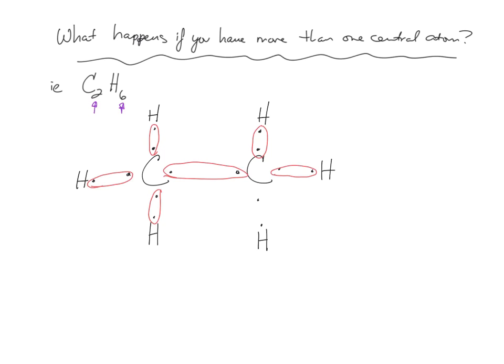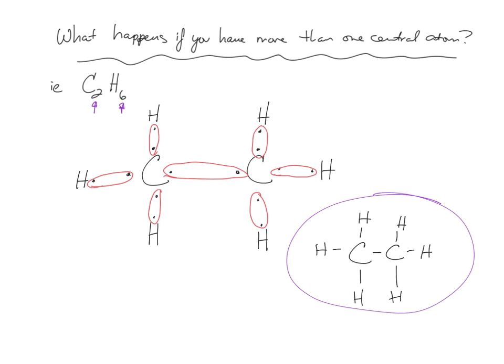Same thing on this side. So now I'm going to go ahead and again replace those circled dots with lines between them. So I have carbon bonded to carbon, and then I have 3 hydrogens attached to each carbon. And that would be my final answer. And that's ethane, we're going to find out.